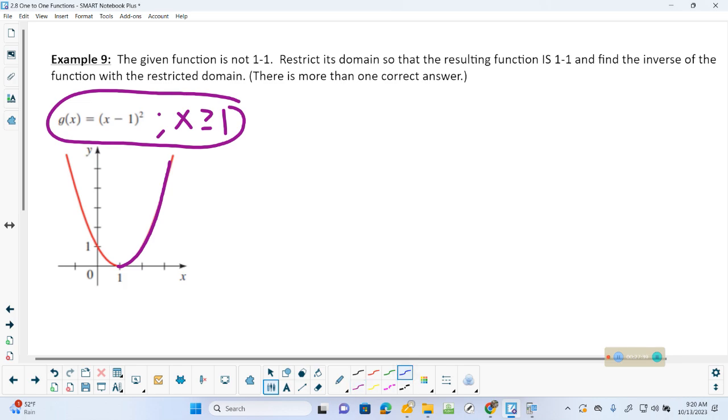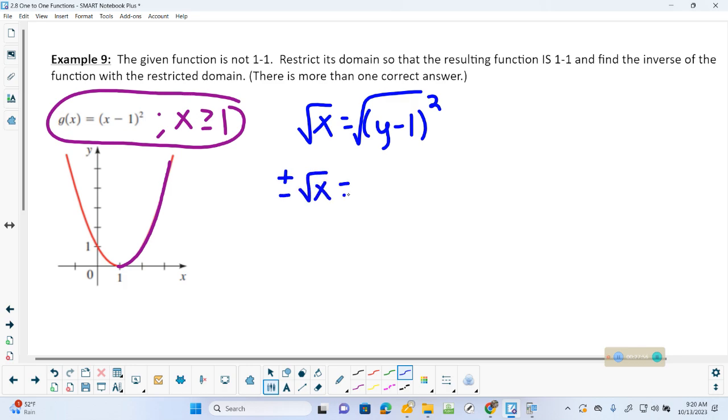Okay. Now it says, of course, find the inverse. Switch x and y. Solve for y. And we're probably going to have to make an adjustment here too. Square root, square root. We should have plus or minus. We'll deal with the plus or minus in a minute. I'm going to add the 1 over.